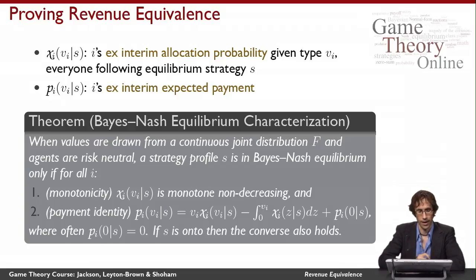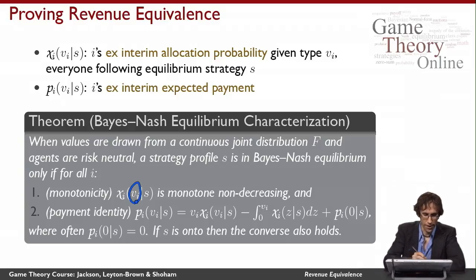This is really a crucial theorem for mechanism design. So here we're saying that when values are drawn from a continuous joint distribution F and agents are risk neutral, a strategy profile S is in Bayes-Nash equilibrium only if the two conditions that follow are true for all agents i. First of all, we need monotonicity. So each agent's interim allocation probability xi needs to be monotone non-decreasing in that agent's value.